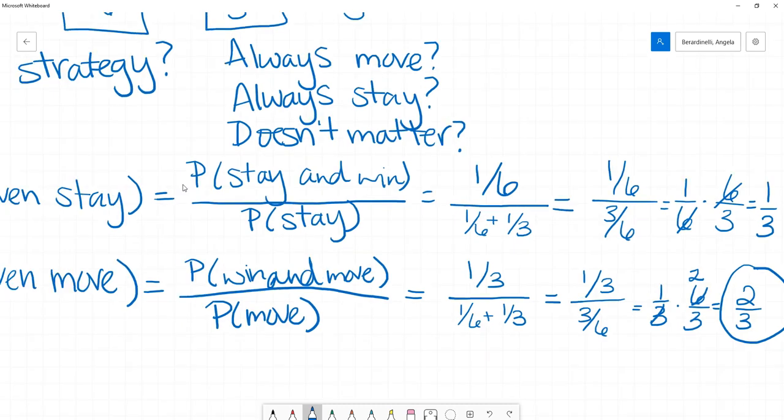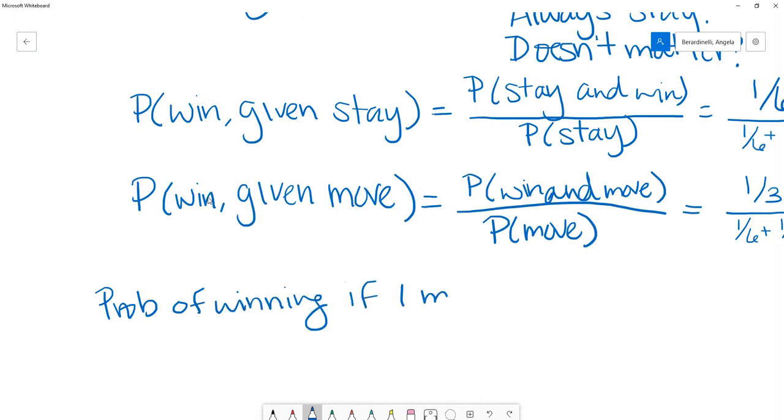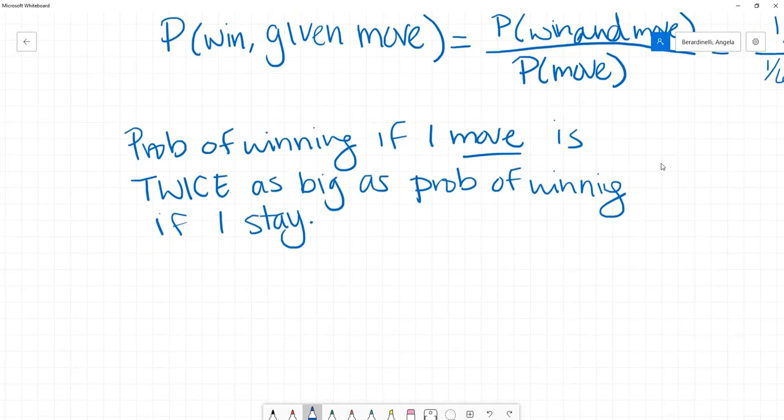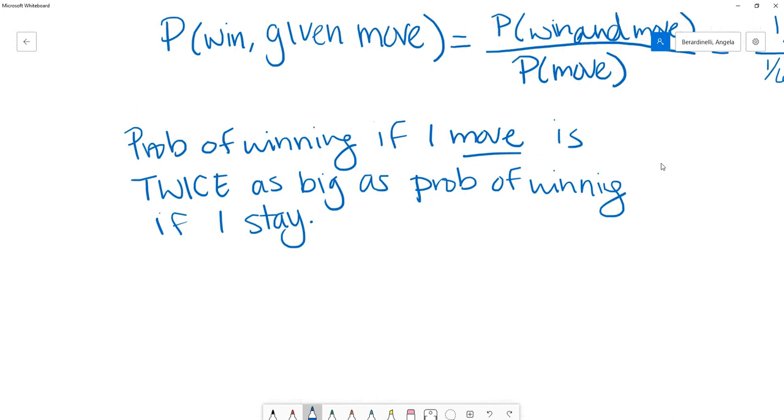So the probability of winning if I move or switch doors after given the choice is actually twice as big as the probability of winning if I stay. Therefore, the winning strategy is to always move. You have a twice as big chance of winning if you always move.